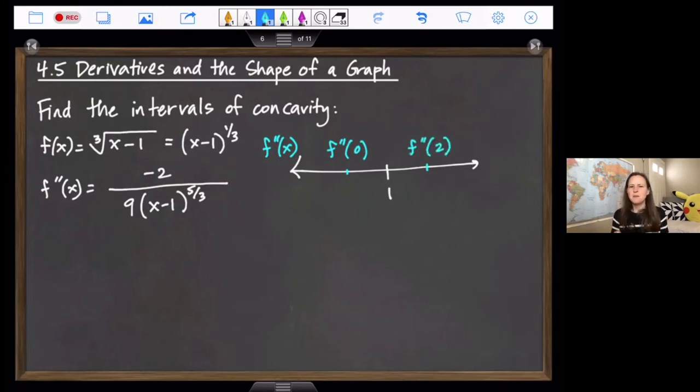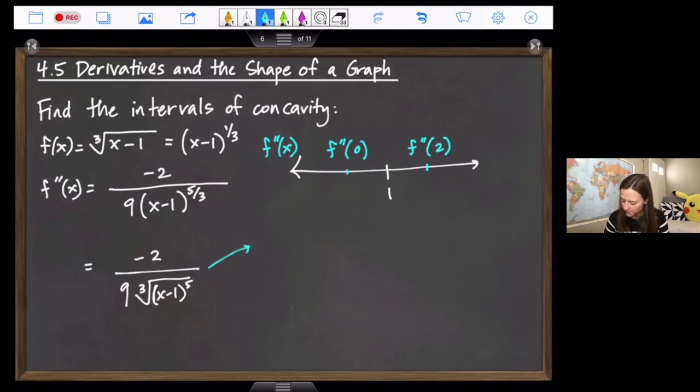All right, so I'm about to plug into the second derivative, things down in the denominator to the 5/3 power. I'm going to rewrite that fractional exponent in root notation so that it'll be easier for me to evaluate. So I've got negative 2 over 9 times the cube root of (x minus 1) to the 5th. All right, so let's plug in f double prime of 0 and f double prime of 2.